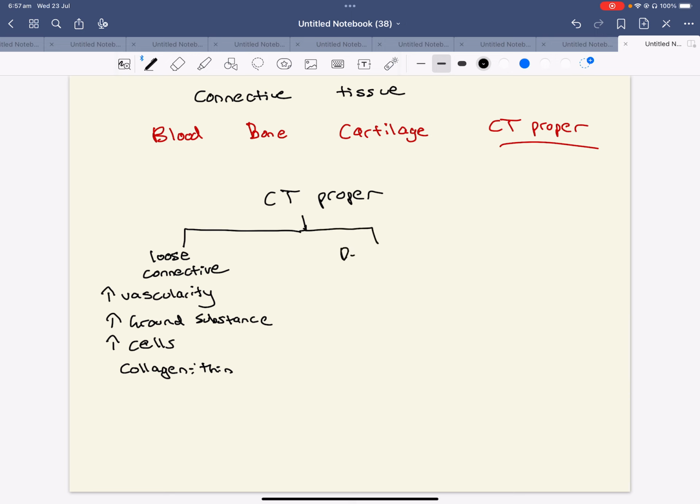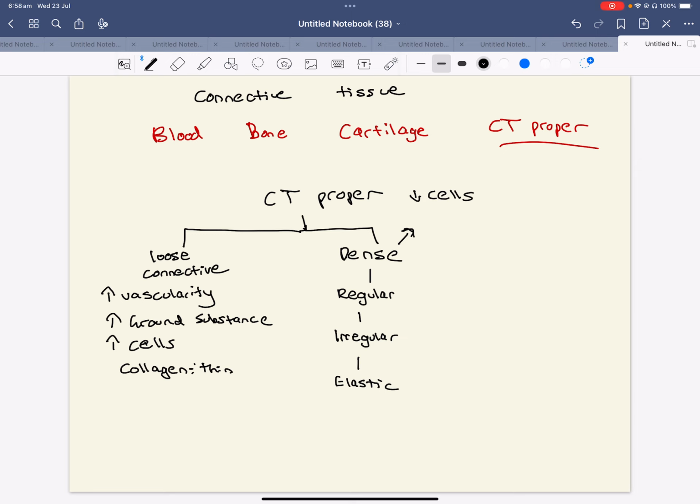The next one is dense. Okay. And dense is broken up into 4. Regular, irregular, elastic. And what you can remember is, right, dense tissue has a lower number of cells than the loose connective.